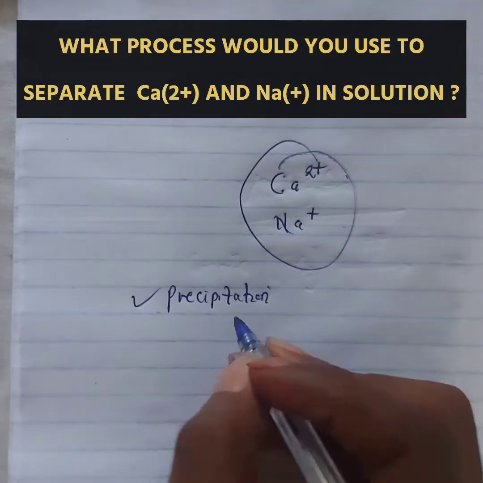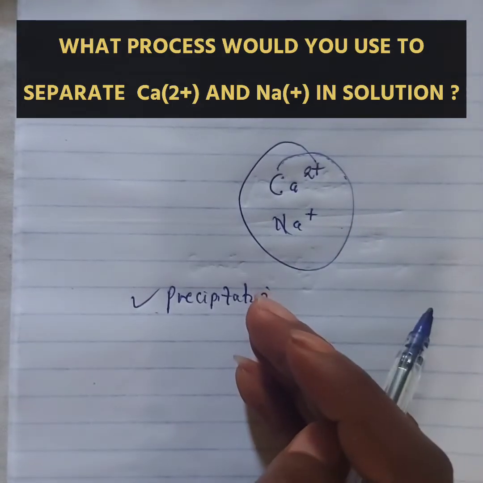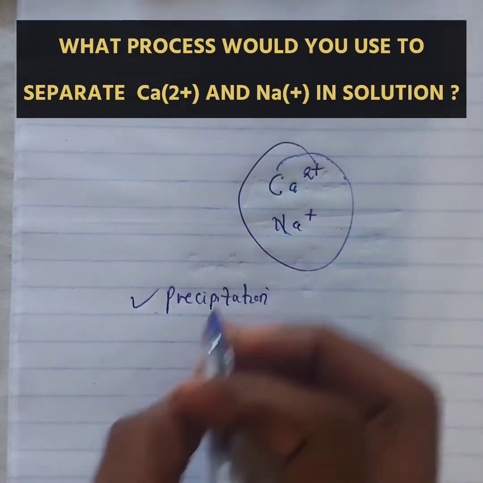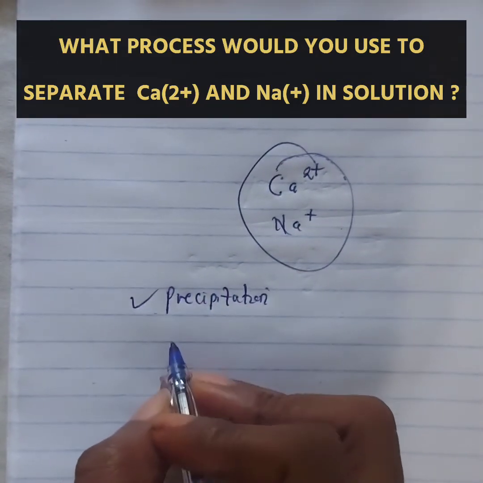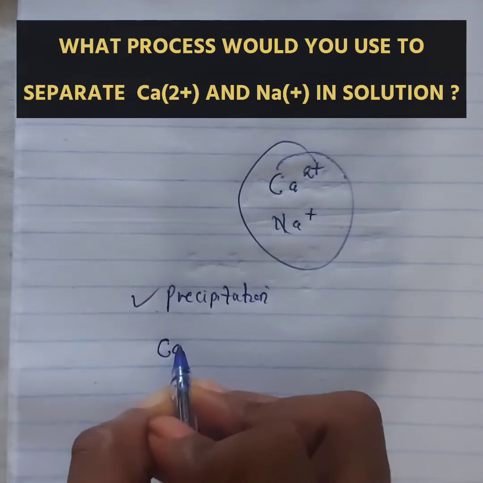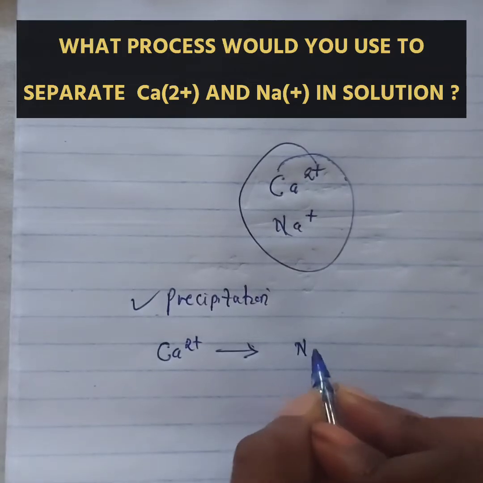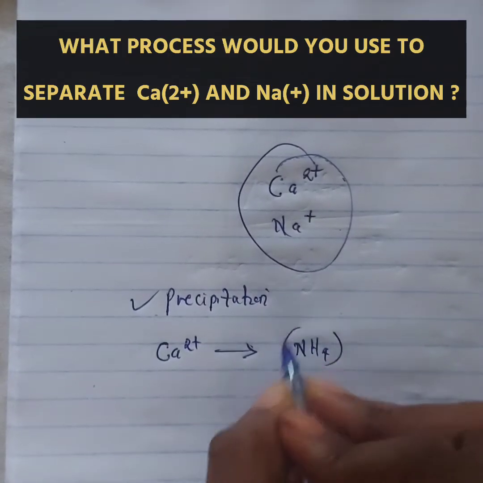Now, precipitation, we need a precipitating agent that can actually precipitate any of these. So we have a selective precipitating agent for calcium ion, and that precipitating agent is ammonium oxalate.